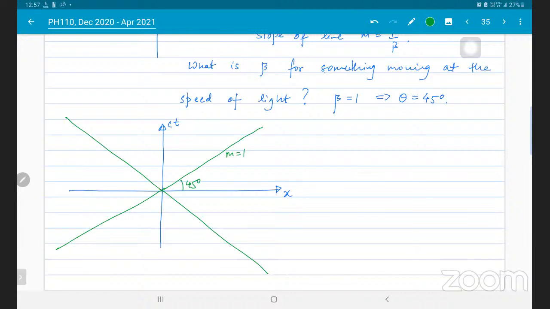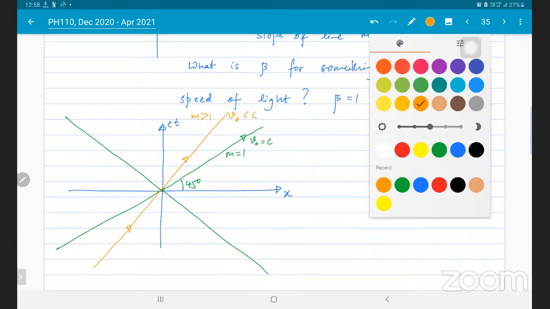This corresponds to something that is moving with the speed of light. Okay. And if I have any line which is at an angle greater than 45, that means its velocity is less than the speed of light.